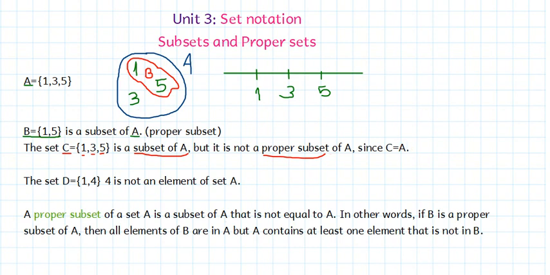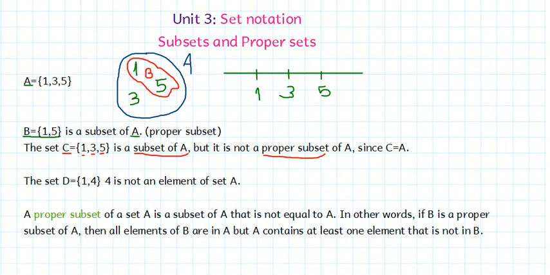Okay? In other words, if B is a proper subset of A, then all the elements of B are in A, but A contains at least one element that is not in B. Vamos a traducirlo. B, en este caso, sí es un proper subset. ¿Por qué?